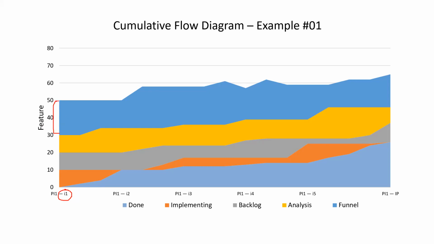So around 10 in analysis phase, and around 10 in backlog stage, and around 10 in implementing stage, and nothing is in done. So that is how this graph got started.